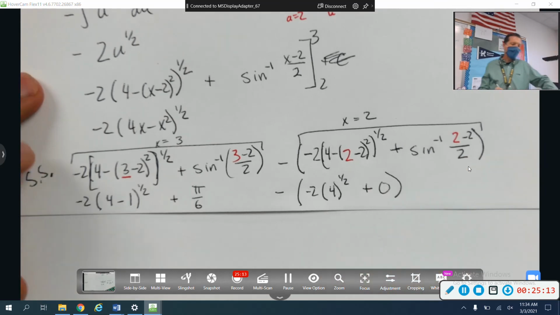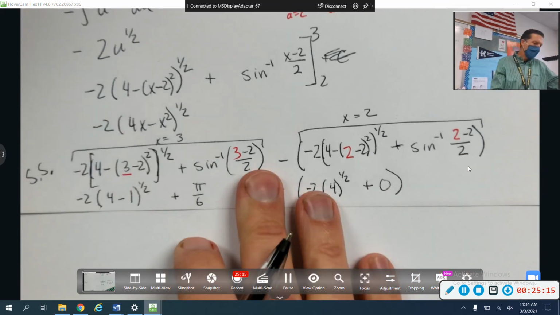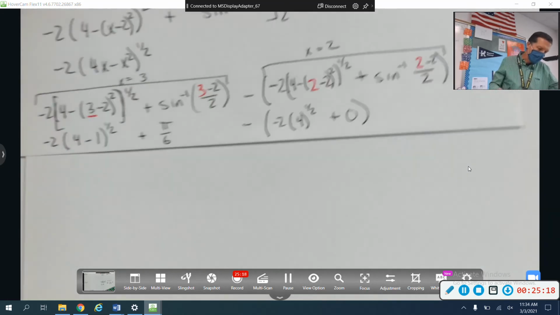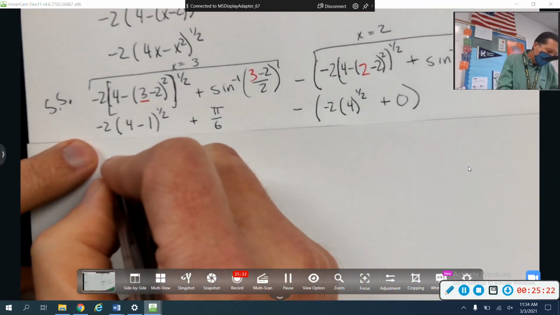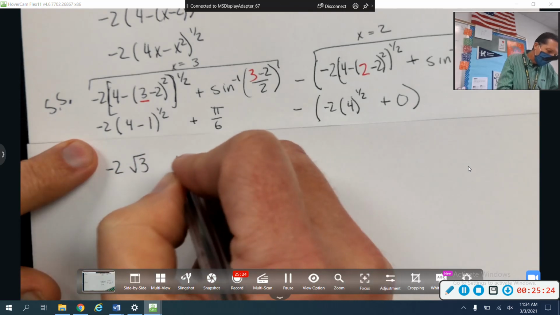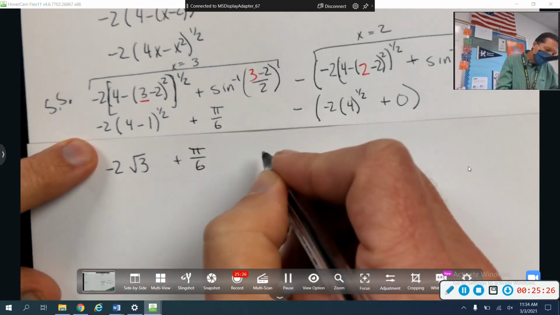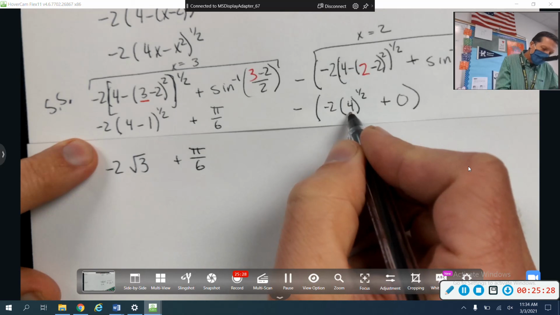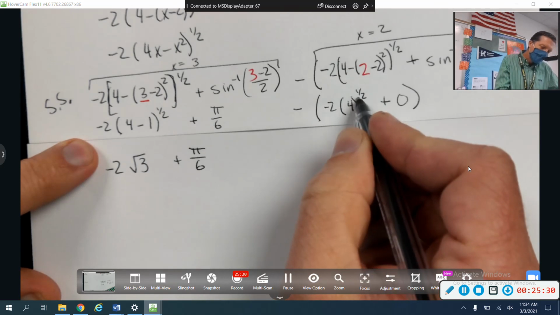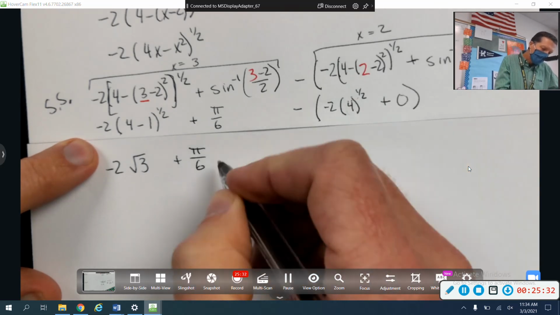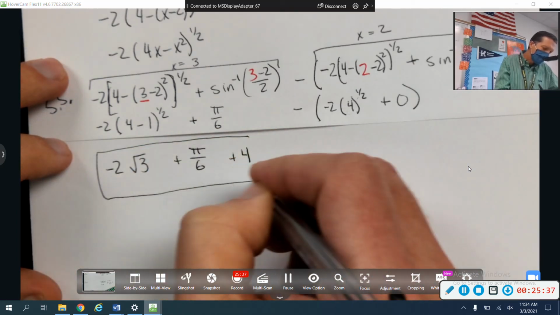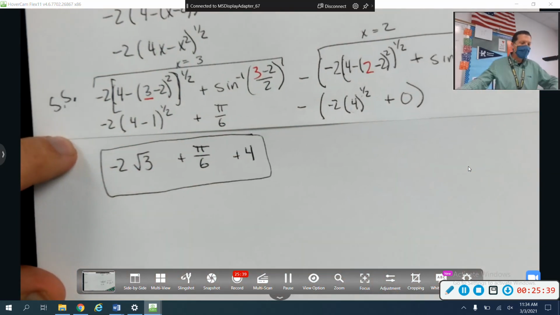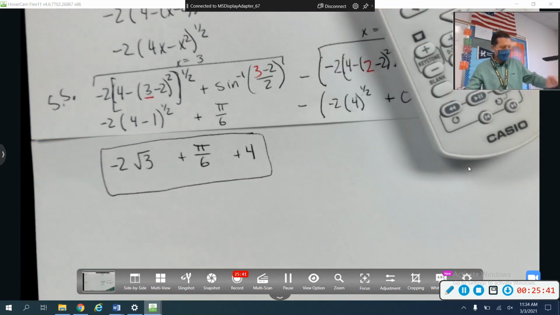Hey, there's one easy thing about this problem. So negative 2 square root 3 plus pi over 6. Let's see, that would be square root of 4 is 2, times 2 is 4, plus 4. There's my answer. Let's see if it's the same.